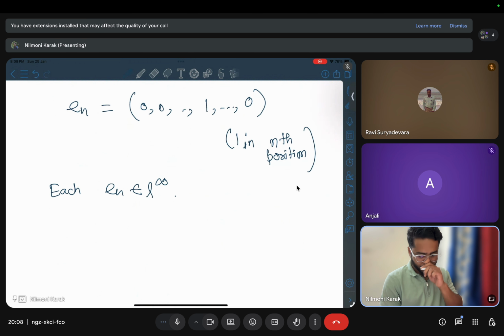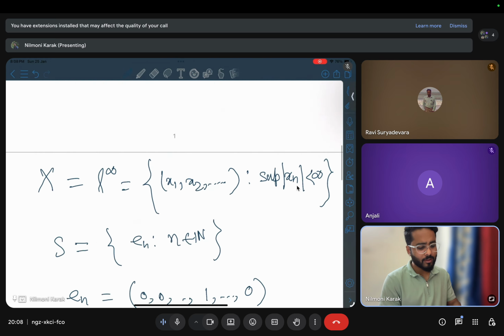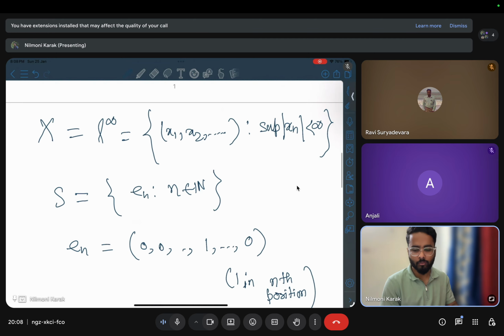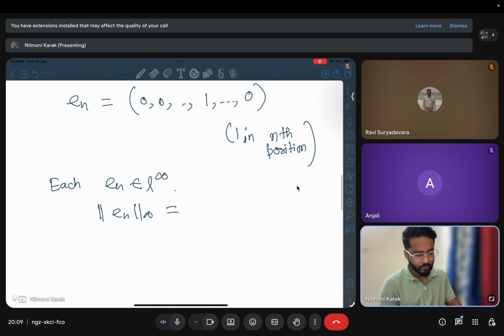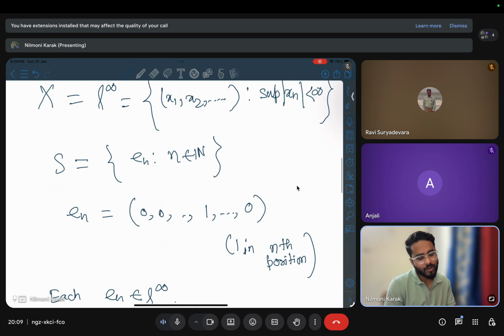This is a normed space, or metric space, under the supremum norm. Since the supremum norm is 1, finite for every En, S is bounded. From here you can see this is a discrete type set, like 1, 0, 0, 0, and then 0, 1, 0, 0, 0. So it has no limit point at all outside.